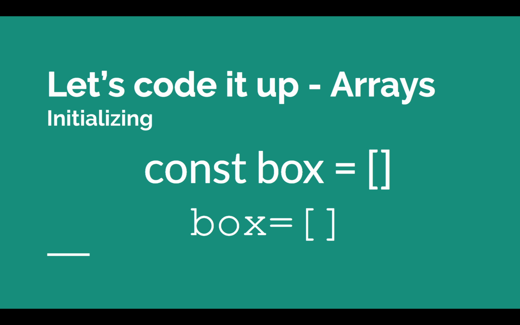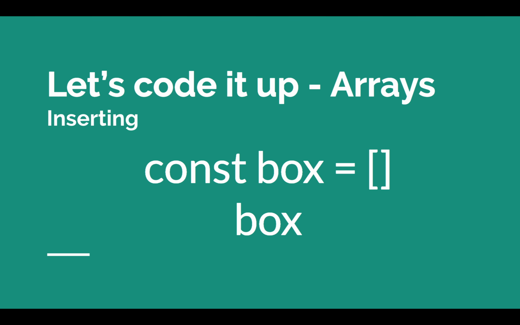Now, how do we insert into it? We write our variable box, we put square brackets, and these square brackets mean that we're doing something to the array. We're going to put the number 0 there to say that we want to put something in the first box.